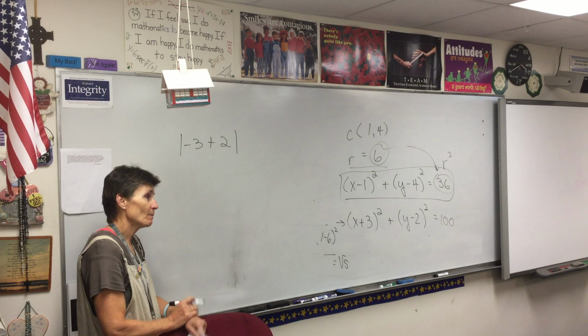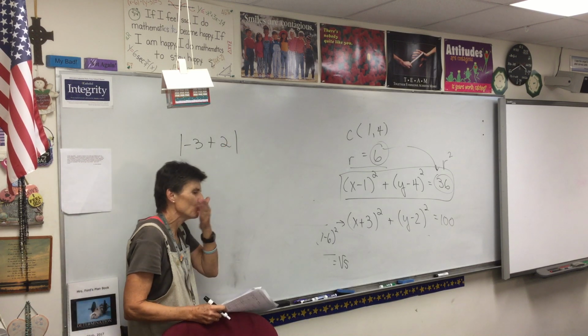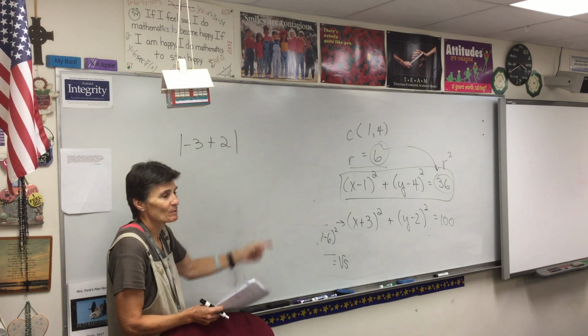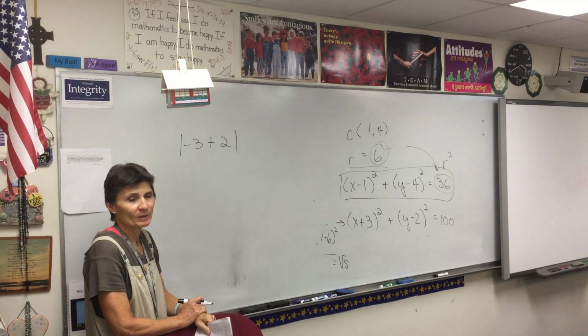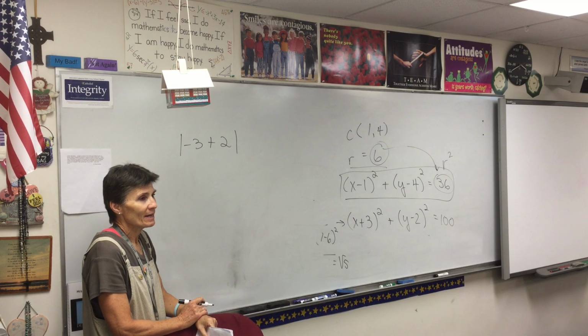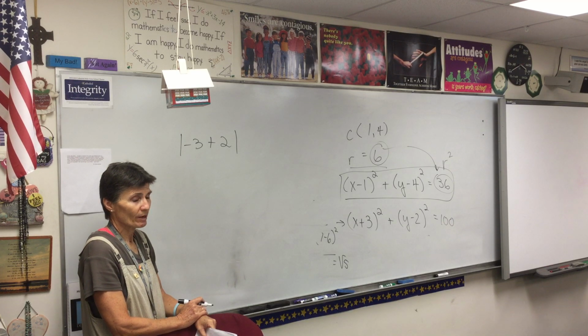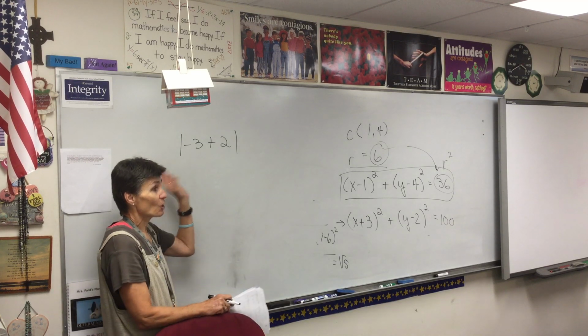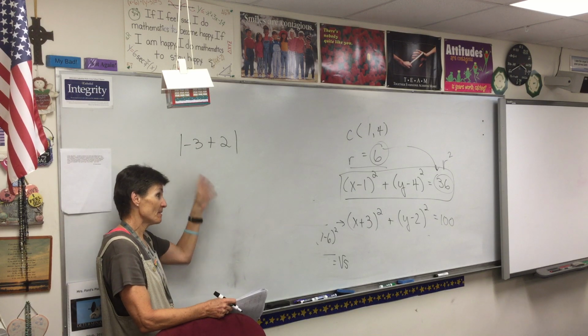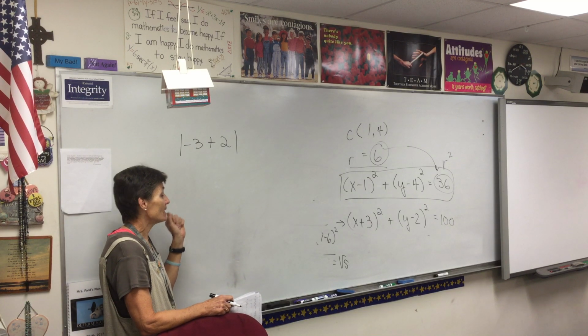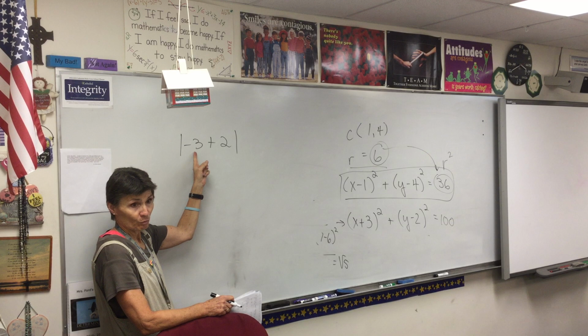All right. Anybody remember what this means? These bars here. What do those bars mean? Absolute value. What does absolute value mean? Make it positive. Now, here comes the trick part. Don't make it positive till you figure out what's inside of it. So you don't just make the -3 positive.